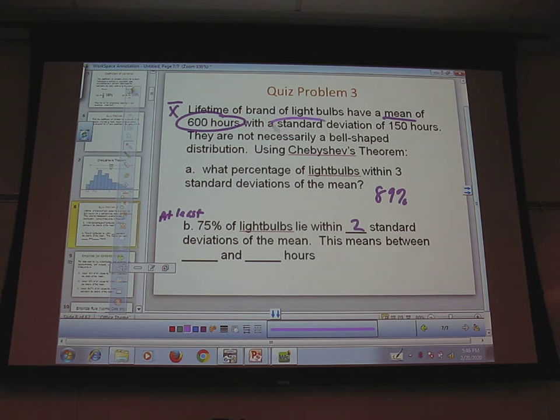This is my standard deviation, S. So it would be between what and what? 300 and 900, because 2 standard deviations would be 2 times 150, 300. So for this one we'll have 600 minus 300, and for this one 600 plus 300.